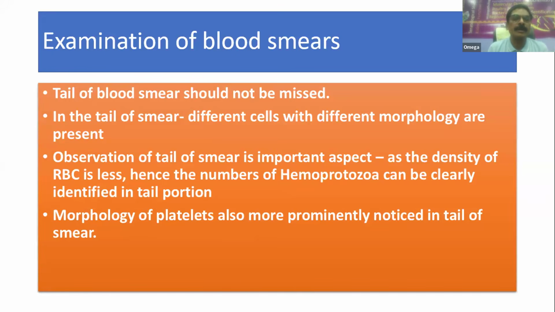In the tail of the smear, different types of cells are there, and the morphology can be seen, because in the tail portion the density of cells is very low. That's why we are able to identify hemoprotozoa very clearly, then the platelet morphology very clearly, and the morphology of the other cells also very clearly. So don't forget to examine the tail portion of the blood smear.